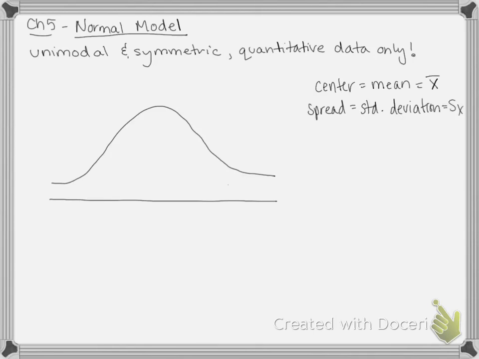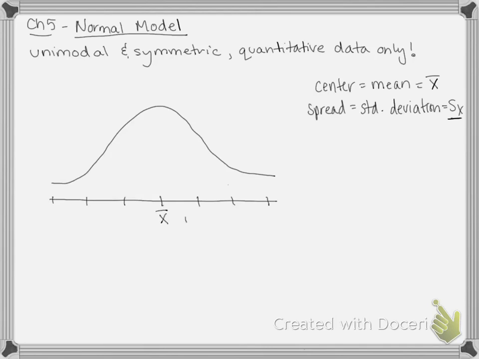So what we're going to learn to do is draw this picture. What we want to do is put the mean smack in the middle. So this is the x bar, or the mean, right in the middle. This picture is perfectly symmetric. There are 3 little tick marks on the left and 3 on the right, and they all go out the exact same amount, which is exactly 1 standard deviation.